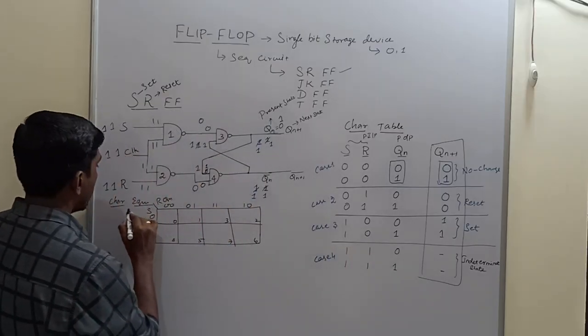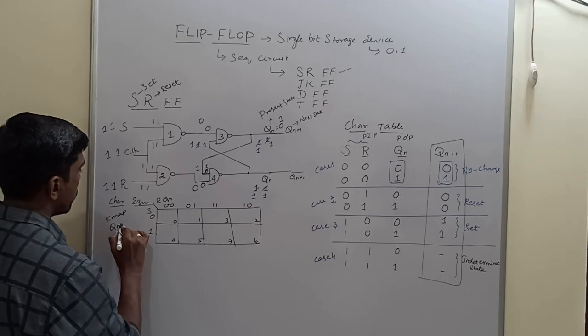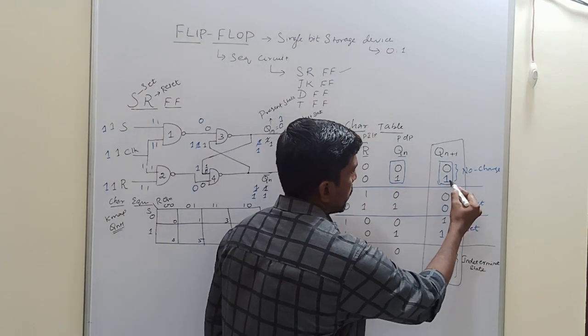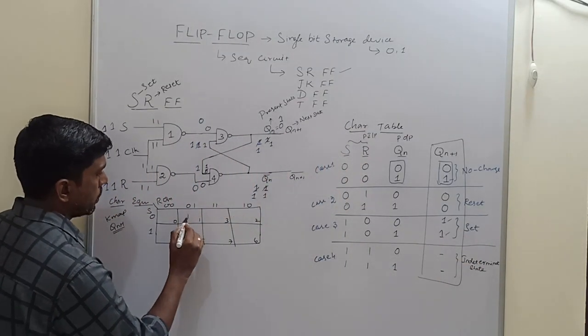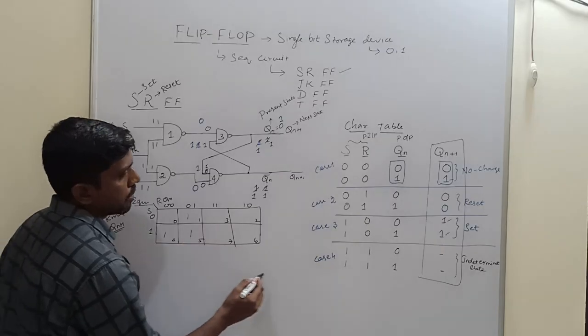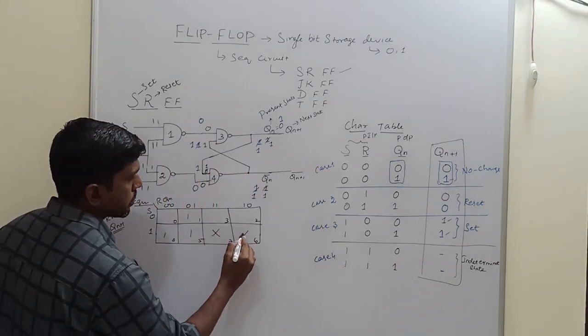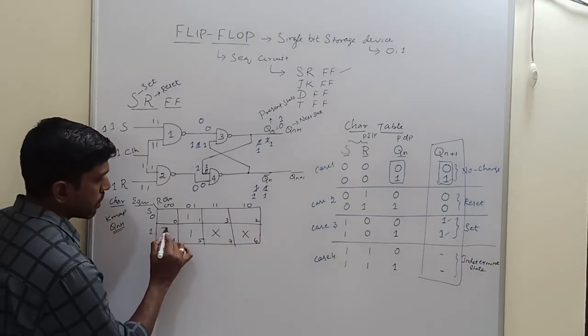Here we have 3 minterms: cell numbers 1, 4, 5. The remaining cells 6 and 7 are the indeterminate state. Let me assume these two cells are don't care values.